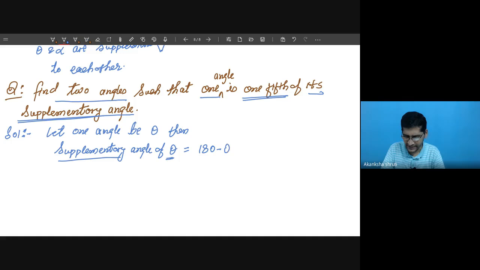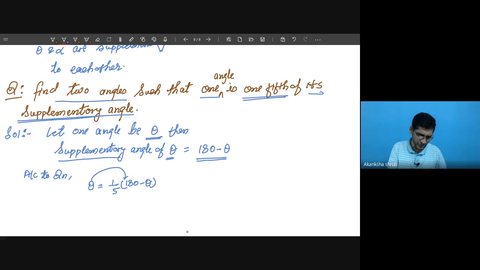So it is 180 minus theta. Now we have these two angles: one is theta and the other is 180 minus theta. According to the question, one angle, theta itself, is 1/5 of the supplementary angle of theta. The supplementary angle of theta is 180 minus theta, that we have calculated. So this equation you have to solve.